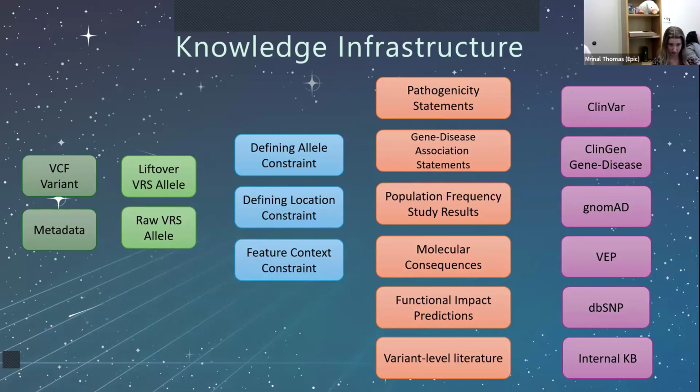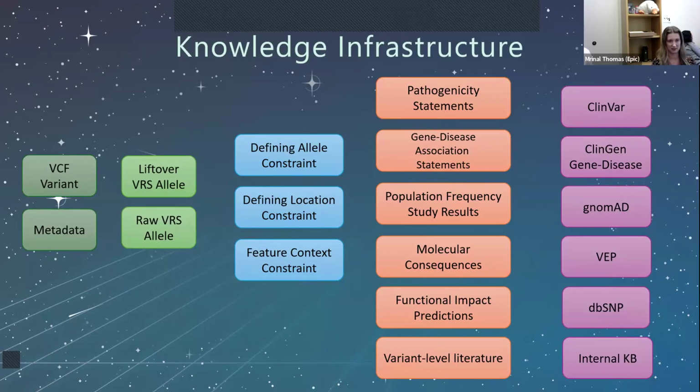There are also a couple things in orange that we have identified that we really want to get into the VA-Spec as well, that Mrinal and I will go into more detail on in later slides. And then the final call out before I move on to the next slide, you might notice the internal knowledge base blurb at the bottom of the screen.